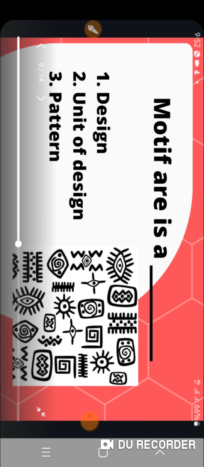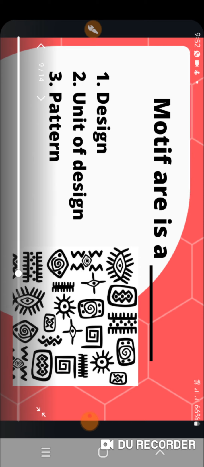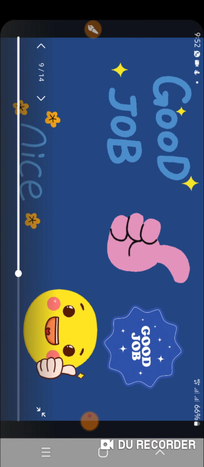You do one motif, then you copy it to make a pattern, then it becomes the design. Do you watch Who Wants to Be a Millionaire too? You just won 1 million naira.